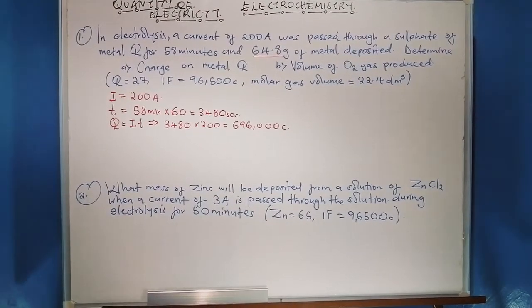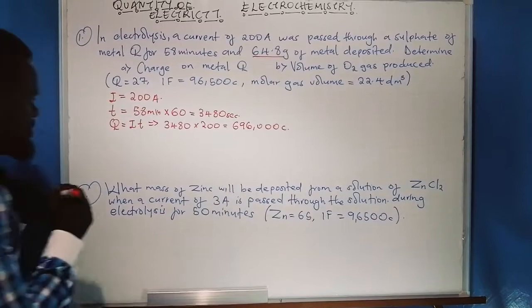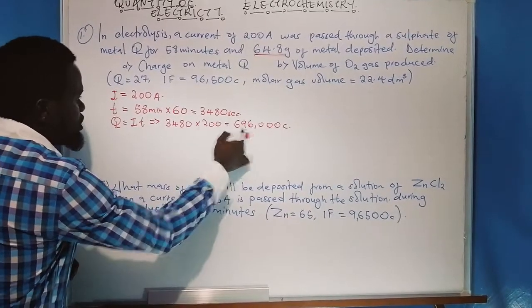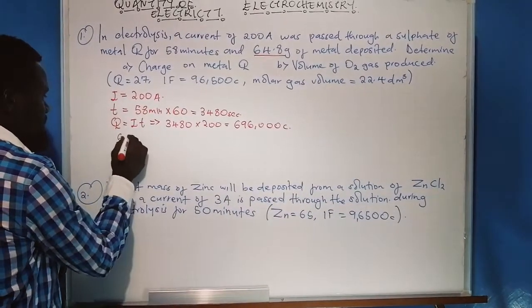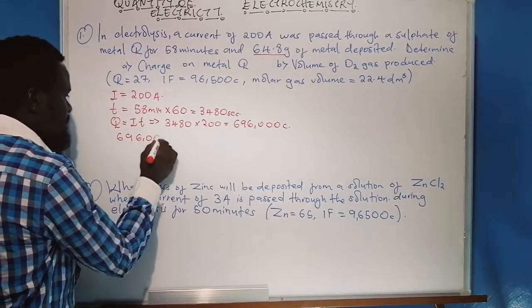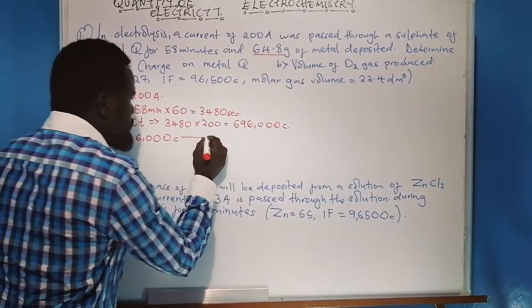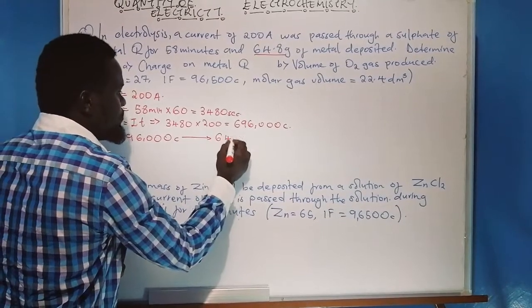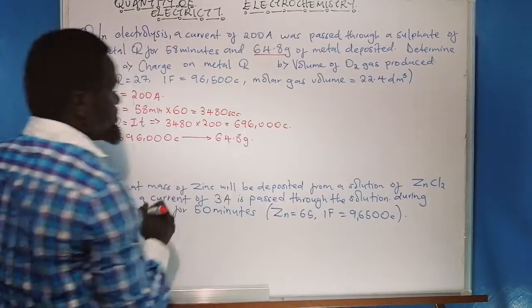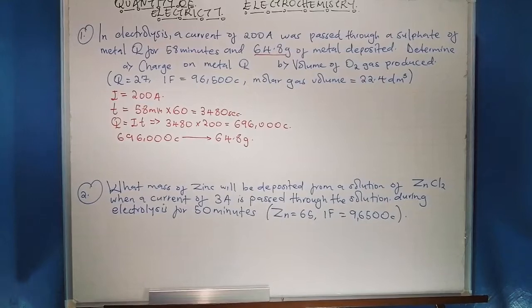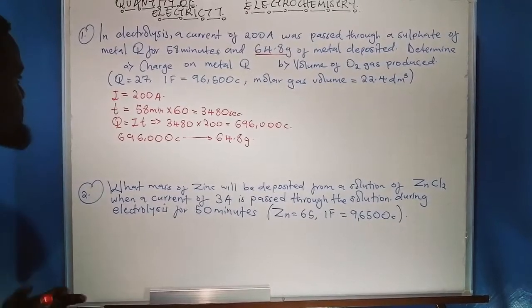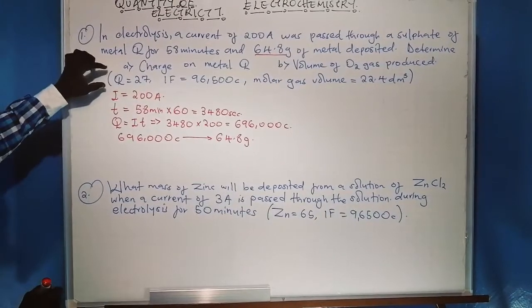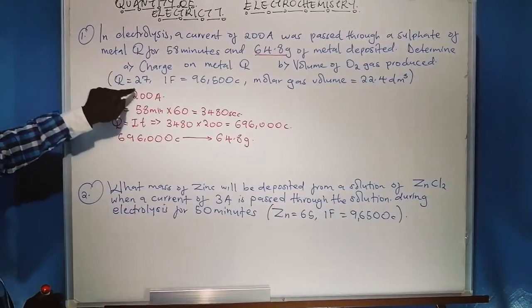So if I have that in mind, it will let me know that this quantity of electricity, this 696,000 coulombs, is required to deposit 64.8 grams of the metal Q. But keep it in mind that Q, the relative molecular mass, is 27.